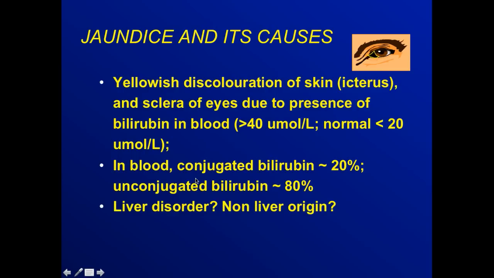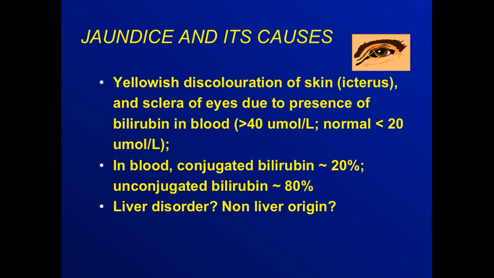Now, when you look at jaundice, you have to know whether it is due to liver or non-liver origin. Why do I say non-liver origin? Your red blood cells, as I said just now, are catabolized every 120 days. But sometimes, with diseases like sickle cell anemia and thalassemia, where there is a red blood cell disorder, they get catabolized earlier than 120 days.